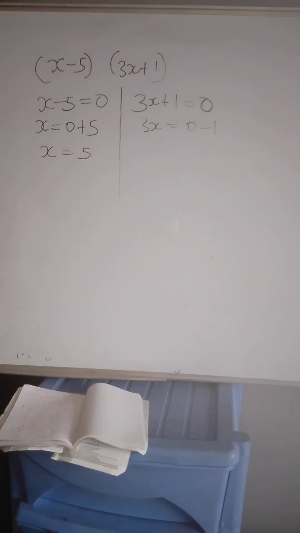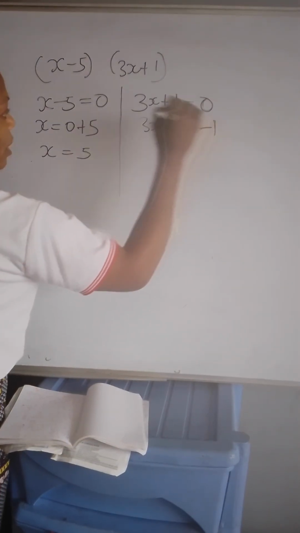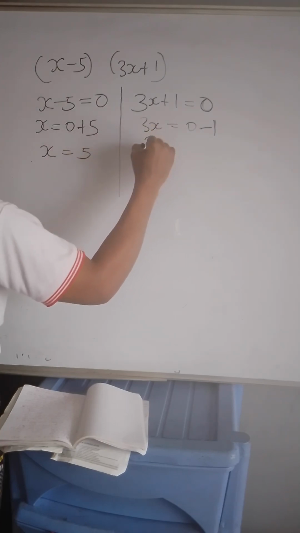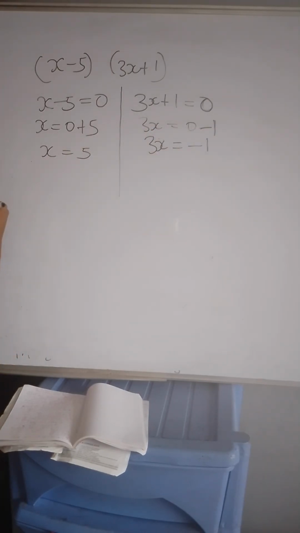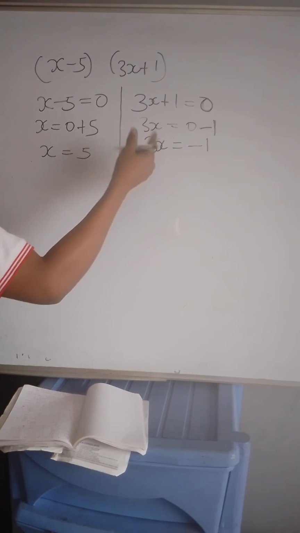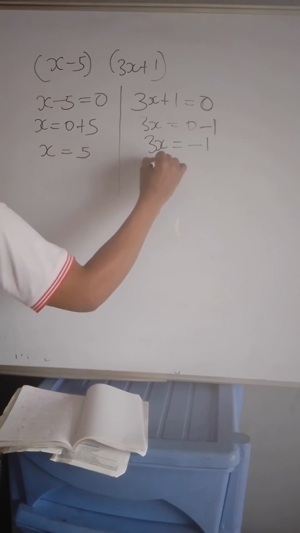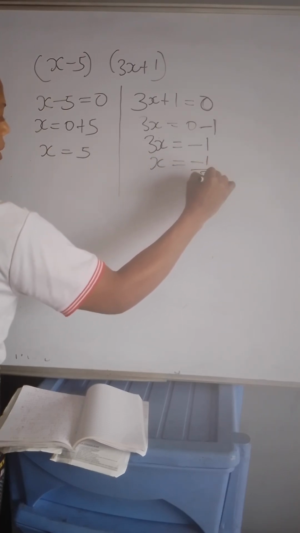When plus 1 crosses to the other side, it becomes minus 1. So 3x equals minus 1. 0 minus 1 is minus 1. Now at this point, make x the subject of the formula. x equals minus 1 over 3.